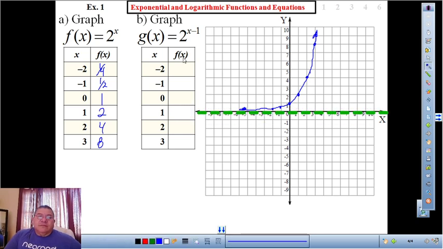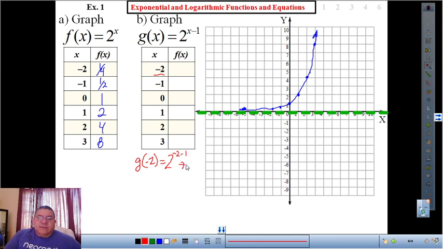All right. So let's go over this one. I'm going to do this one in red. So I'm going to write this over here. So it's g of, what is my first value? -2 equals 2 to the x minus 1. But instead of x, what am I going to write? -2 minus 1.